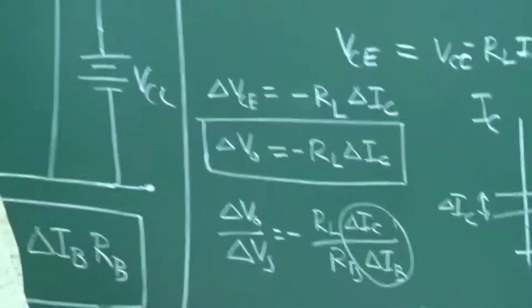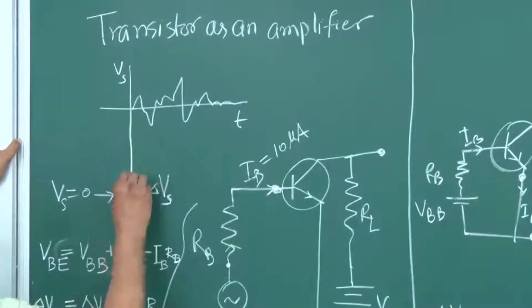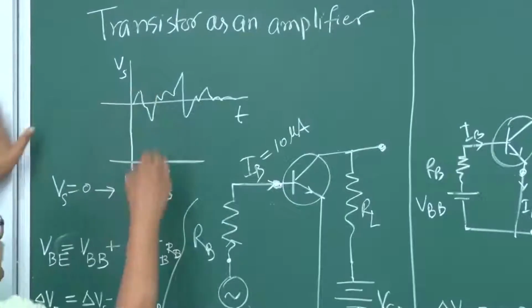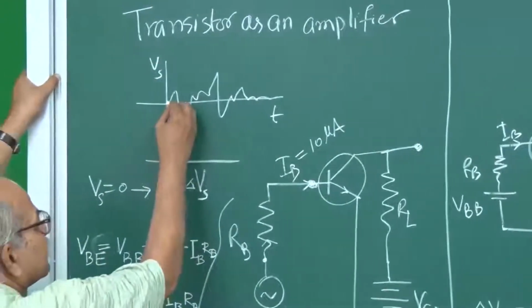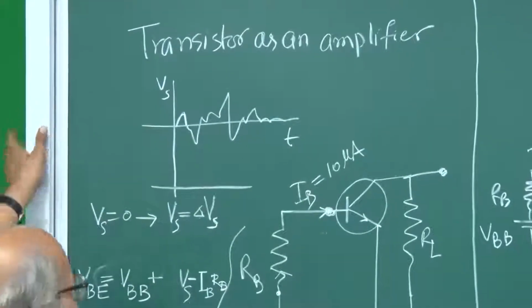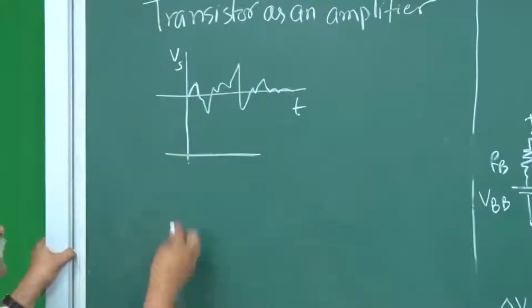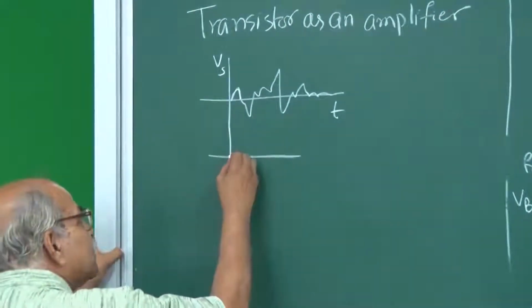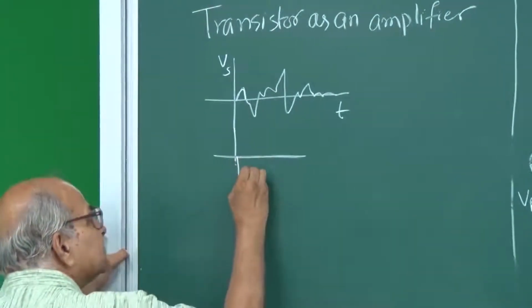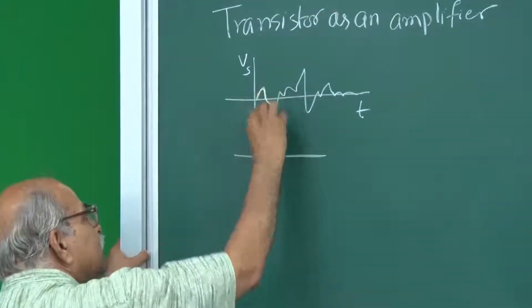So if you have this kind of signal here, after amplification what will happen? This magnitude is increased, let us consider only this part. This magnitude is increased, but at the same time it has gone down. So it is going like this, then when it is going down, it is going up.